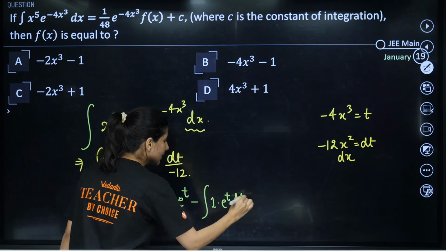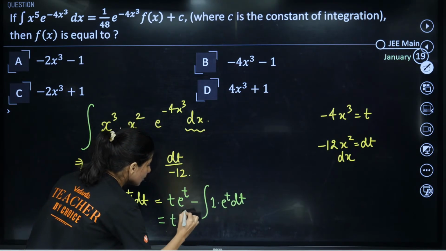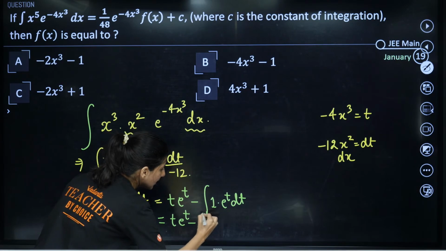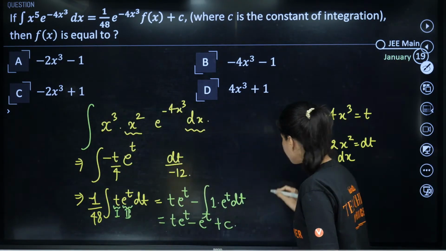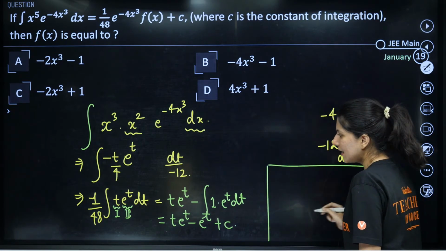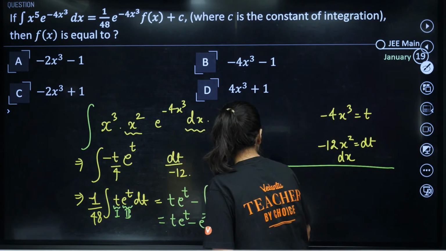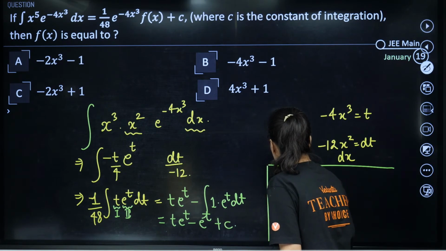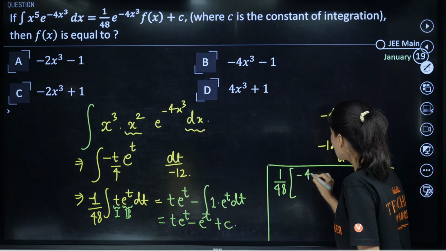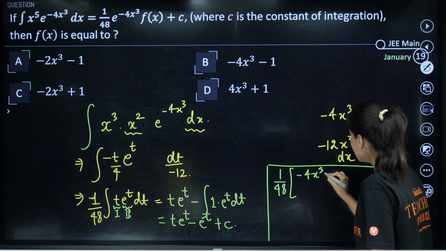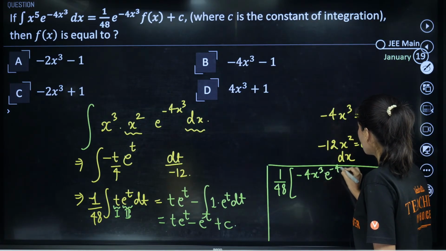So we get t e raised to power t minus e raised to power t plus constant. Now put t back, and let's not forget there is 1 by 48 already there: t e raised to power t becomes minus 4x cube e raised to power minus 4x cube.